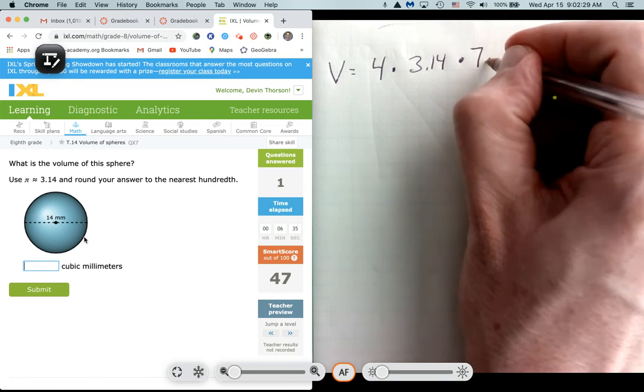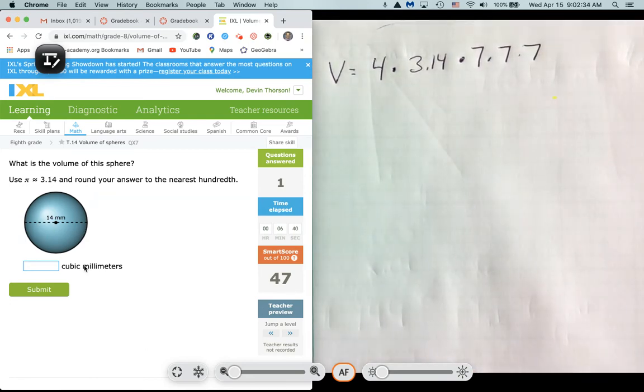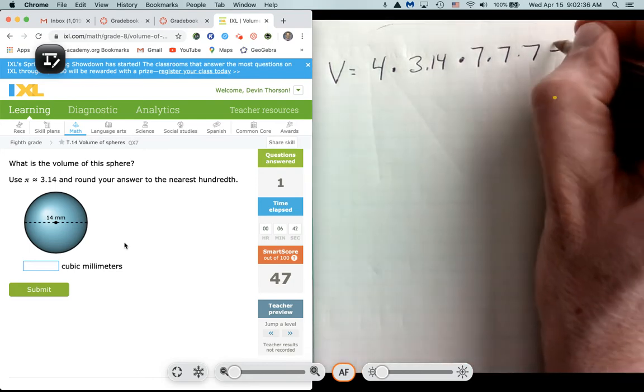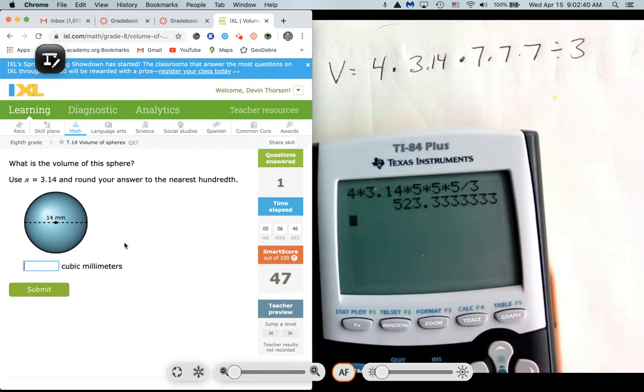So I'm going to times it by 7, 7, and 7. And by the way, that's half of my 14 here. And then I'm going to divide by 3. Again, I grab my calculator and go 4 times 3.14 times 7 times 7 times 7 divided by 3. And then I hit enter.